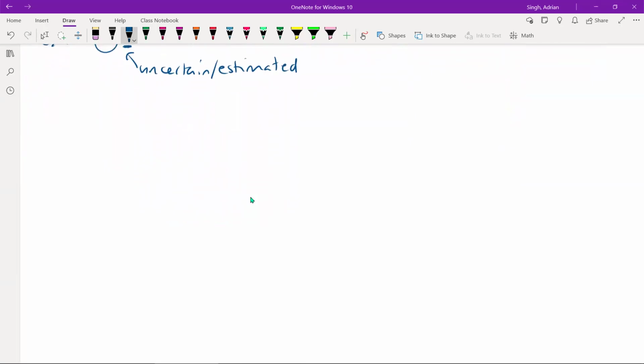So let's take a look at some of the rules for recognizing significant figures. So the first rule is that any digit that is not a 0, so in other words, non-zero digits are always going to be significant.